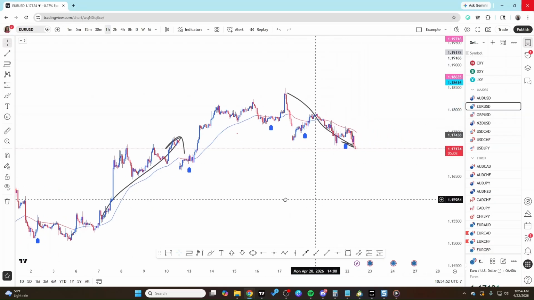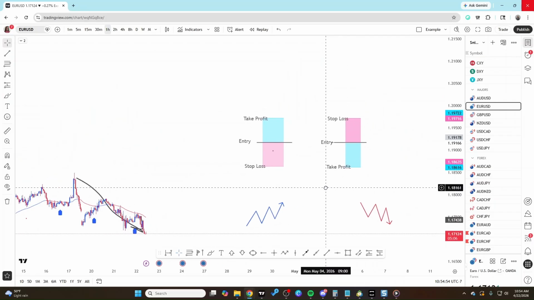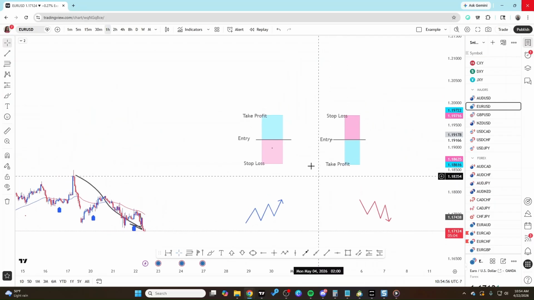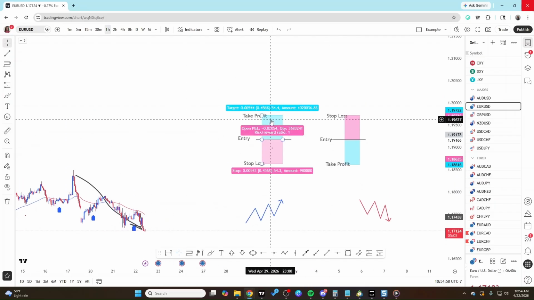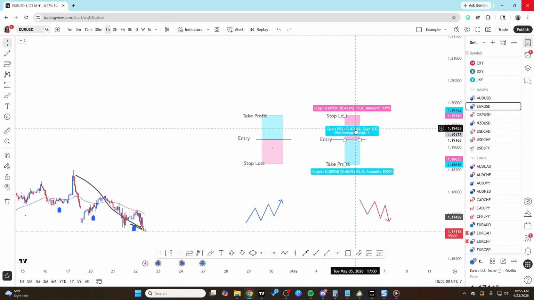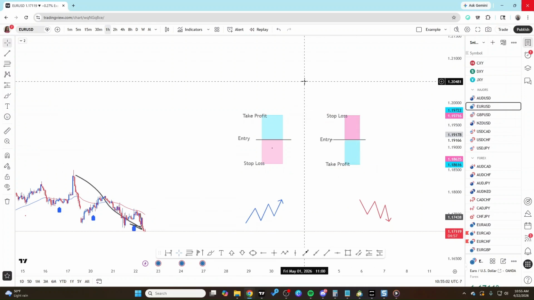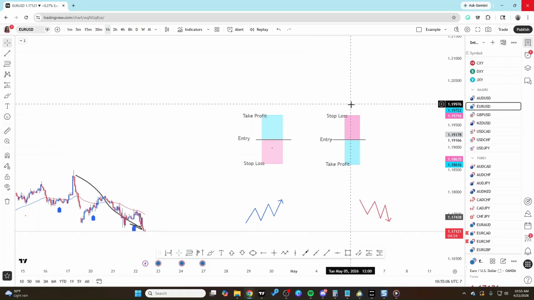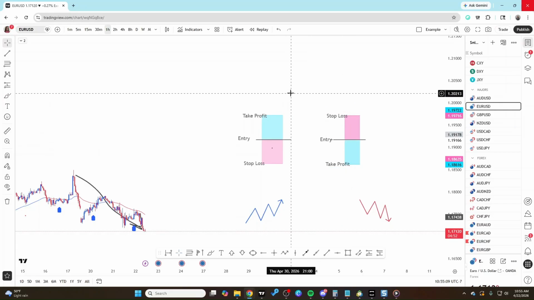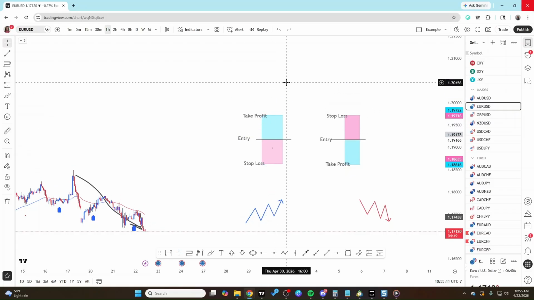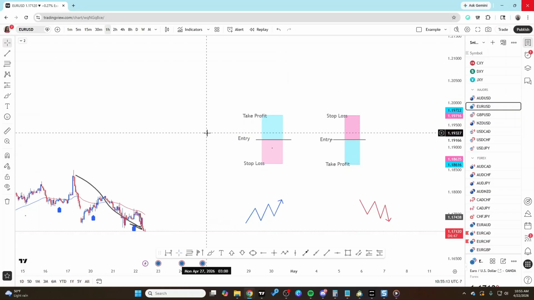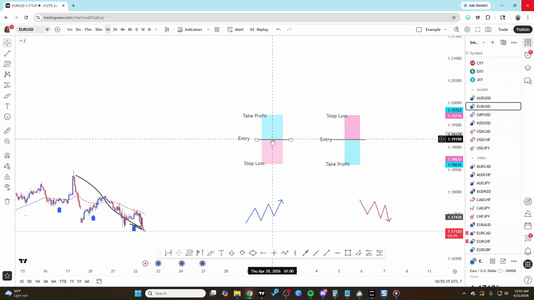Now, every single trade you take has a few important levels, okay? And I'm going to show you these using the long tool and the short tool that is provided in TradingView. So again, a long tool would be for a buy and a short for a sell, okay? So this one on the left is my long position, and we just want to look at the levels. You'll see right in the center, this is your entry point, okay?